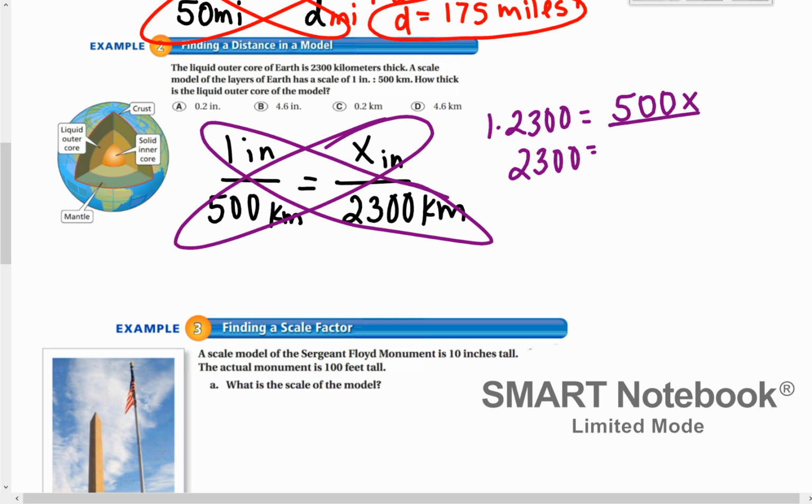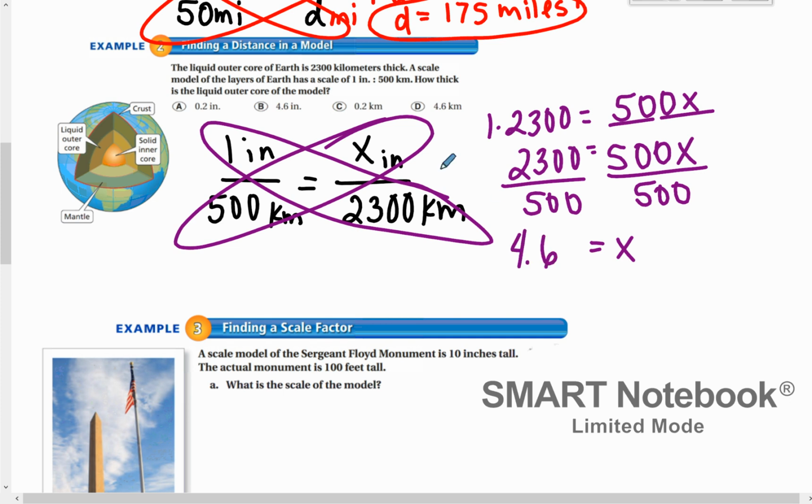Next step, I'm going to divide by 500 to get that x by itself. And I will get x is equal to 2,300 divided by 500, 4.6. Look up to see what label that x is. It's going to be inches.